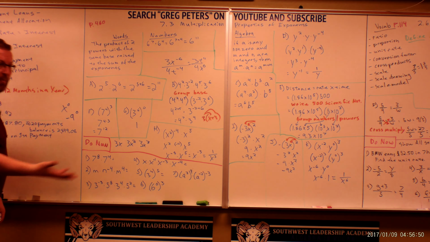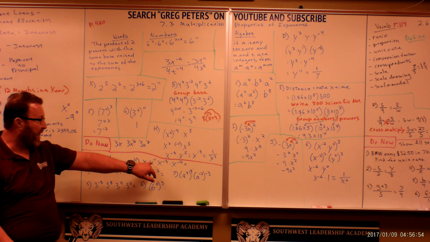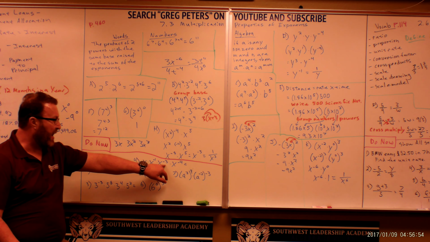So we're going to have the x all by itself, right? And then we're going to group all our negatives. So negative 1, negative 3, negative 4, right? That's 4, 7, 8, right? Negative 8, and then positive 1, so it's negative 7. So this becomes 1 over x to the 7, in fraction form, because we've got to get rid of that negative.